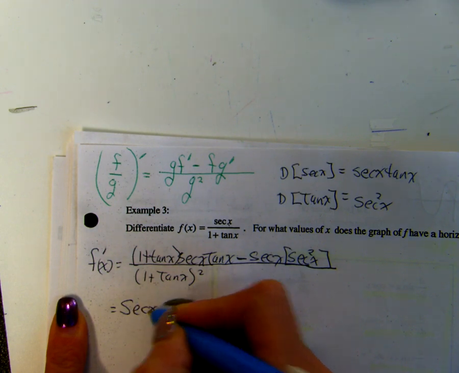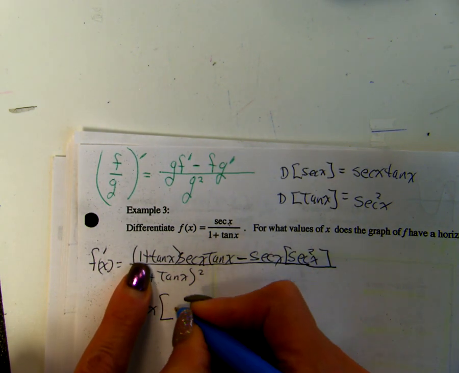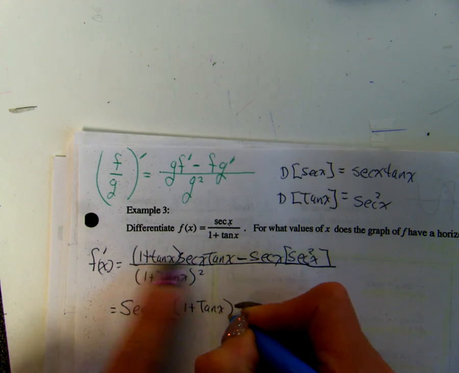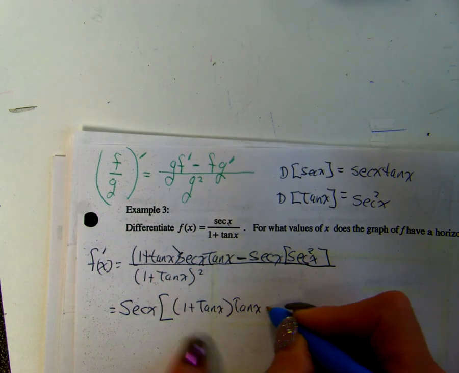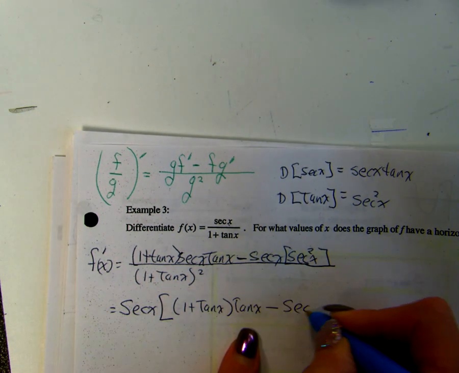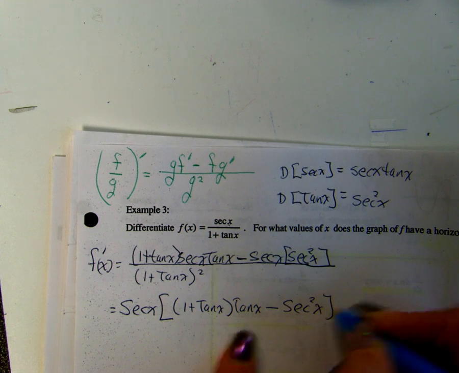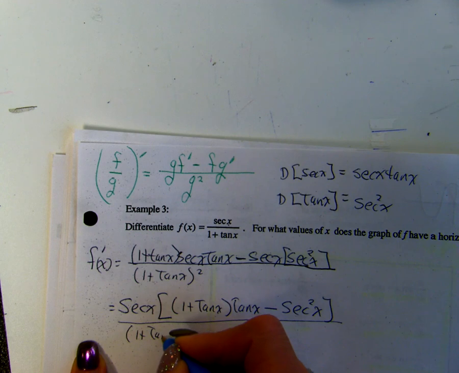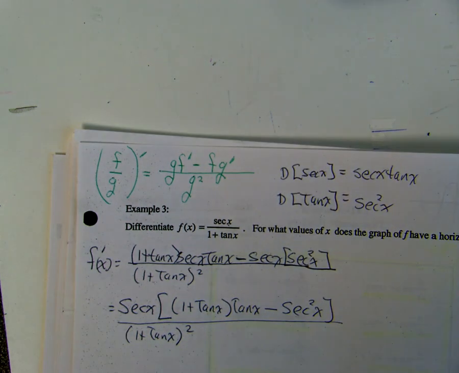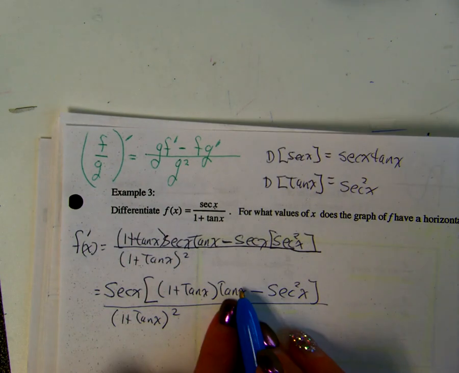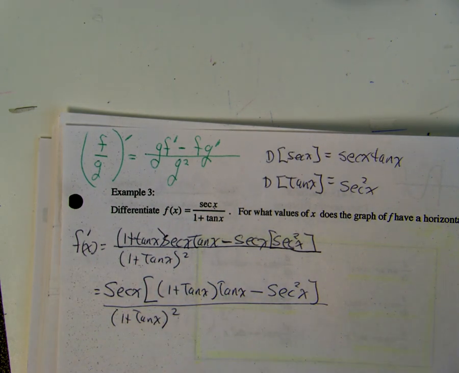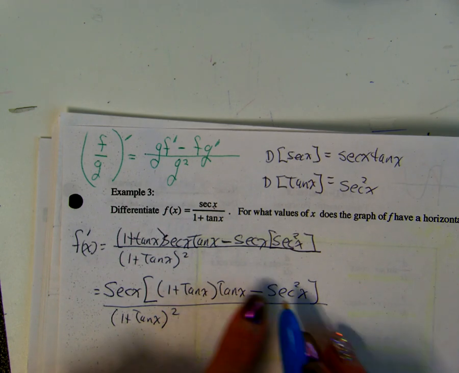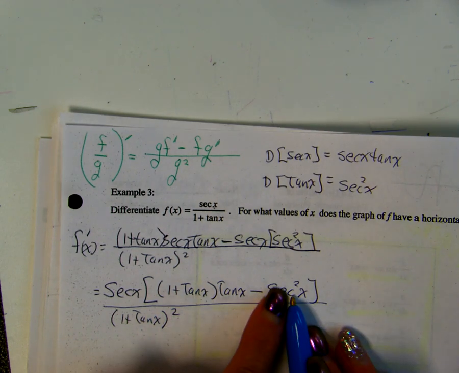We've got secant x, and it will end up being 1 plus tan x times tan x minus, we pulled out the secant, we're left with a secant squared, all over 1 plus tan x all squared. Okay, so this tan distributes to both of those terms. You're going to get tangent plus tangent squared minus secant squared. Do we all see that?